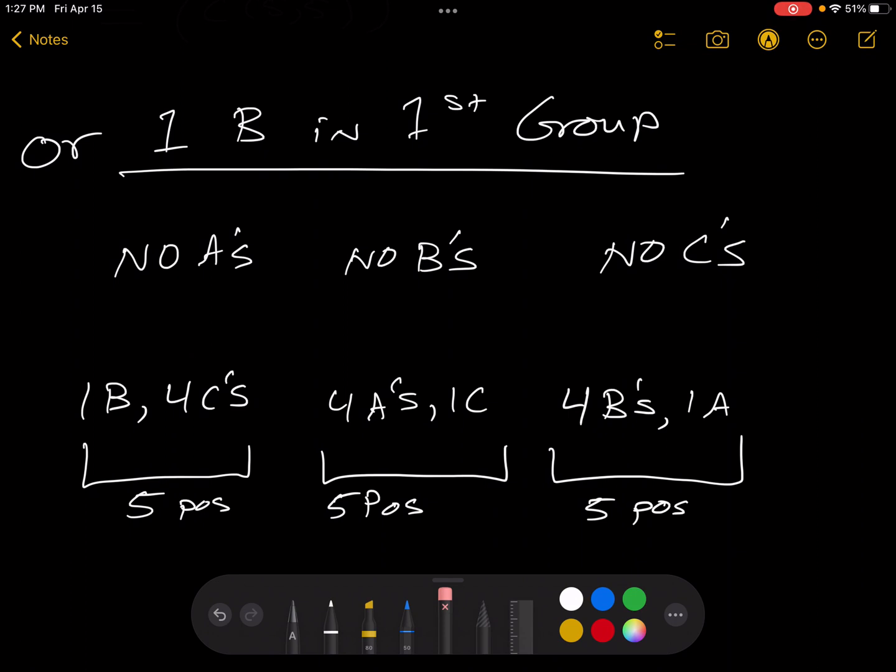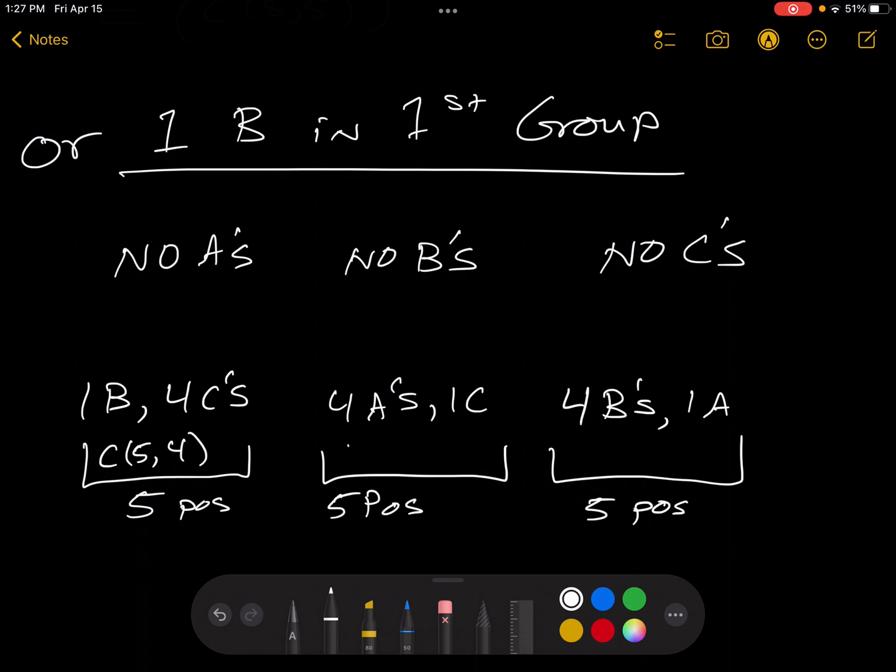So the way you can think of this is, you have 5 positions, choose 4 of them to be C's.